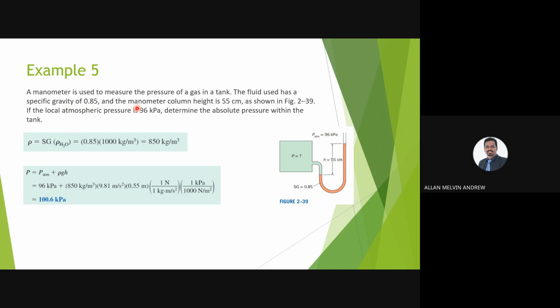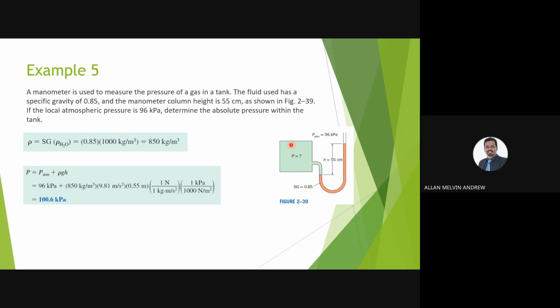The manometer column height is 55 cm, as shown in figure 2.39. The local atmospheric pressure, the surrounding, is 96 kilopascal. Determine the absolute pressure within the tank.